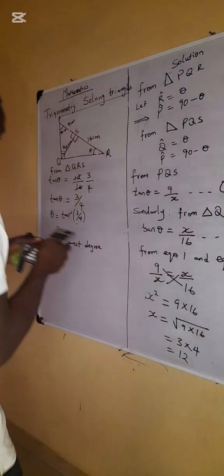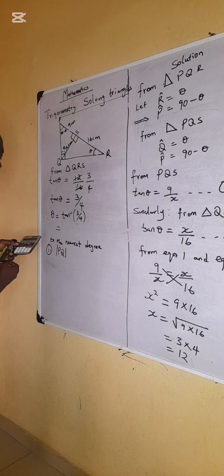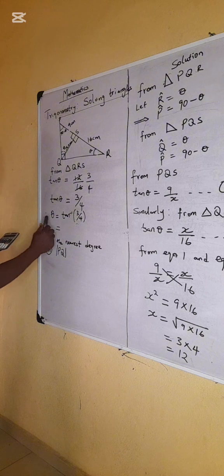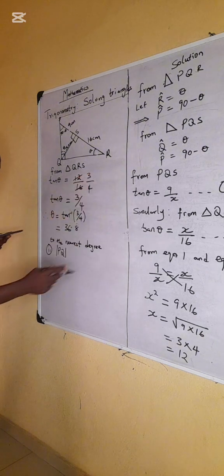My calculator will have shift tan of 3 over 4, and the tan inverse of that will give you 36.8 something.